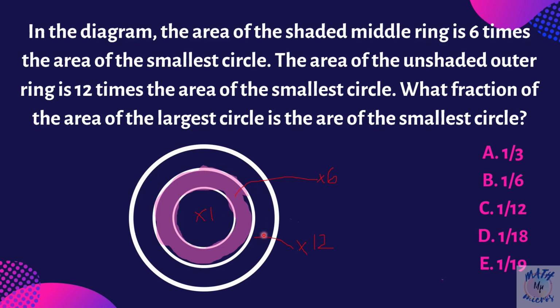So the total area of the largest circle, which includes the smaller circle, the shaded ring and the unshaded ring, is 19 times the smaller one. So the fraction of the area of the largest circle that is the area of the smaller circle is 1 by 19, and the option is E. That's the answer. 1 by 19 is the answer. Thanks for watching.